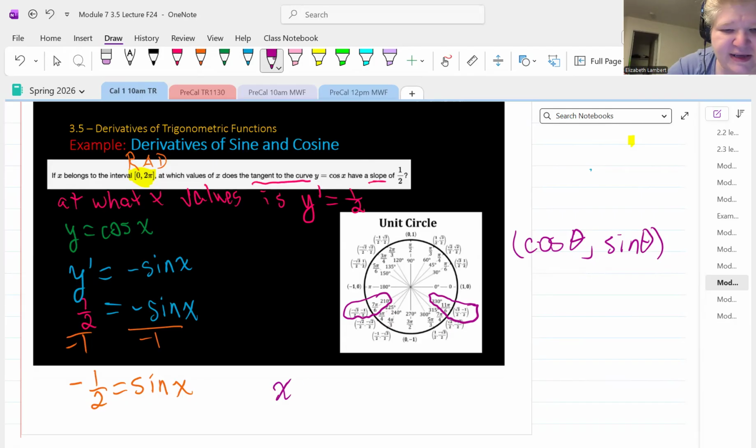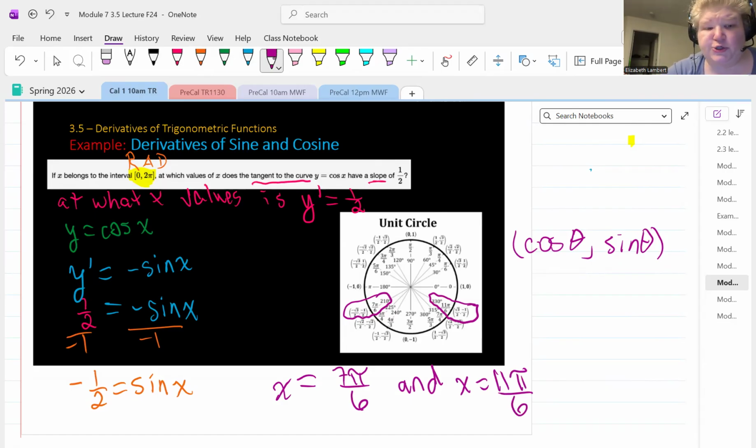So we are going to pick 7 pi over 6 and 11 pi over 6 as our two solutions that answer our question. At what values of x does the curve y equals cosine of x have a slope of 1/2? The slope is positive 1/2 on cosine when the input is 7 pi over 6 and 11 pi over 6.